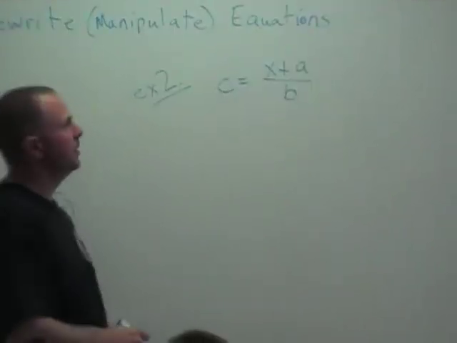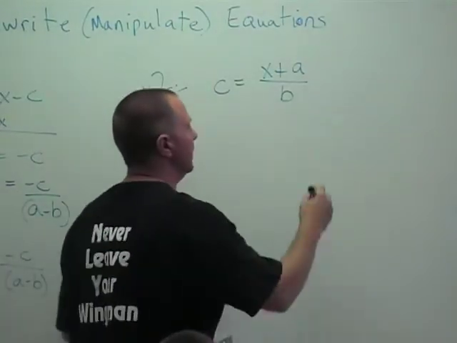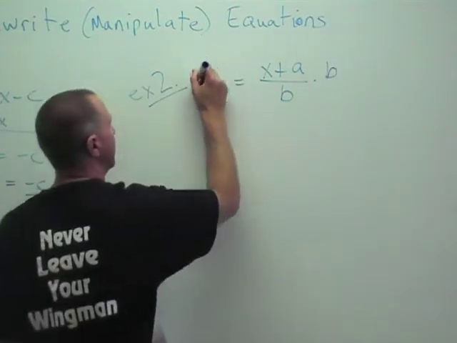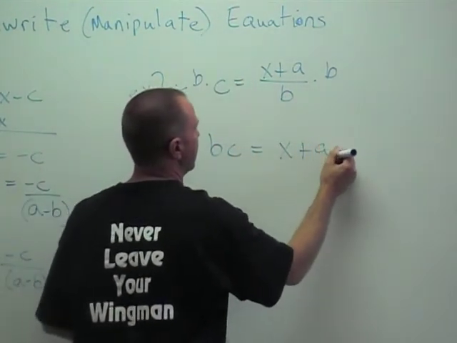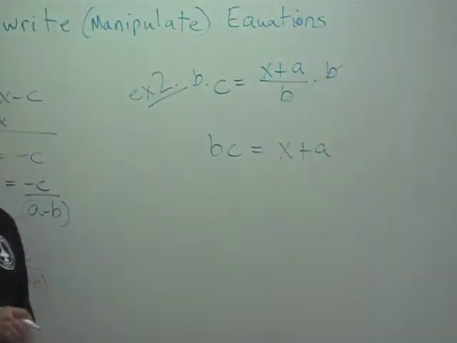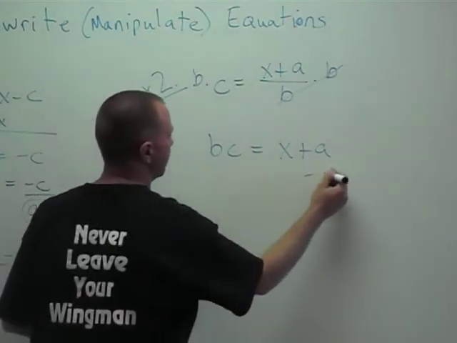Subtract A on both sides? Now you can't subtract the A first because remember there's a B underneath. Yes, we need to get rid of the B. Let's multiply both sides by B. So we get BC equals X plus A. Subtract A out. Yeah, subtract the A.